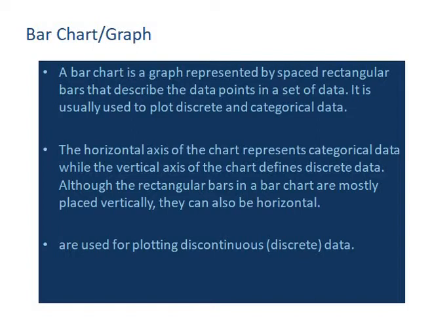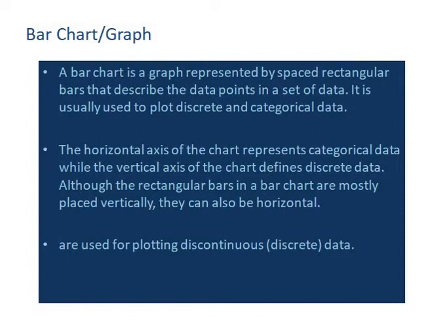The bars may be placed vertically or horizontally, and they describe the points of data which are available. Usually, discrete categories of data are plotted on a bar chart, so to plot discontinuous or discrete data, we use a bar chart or bar diagram.